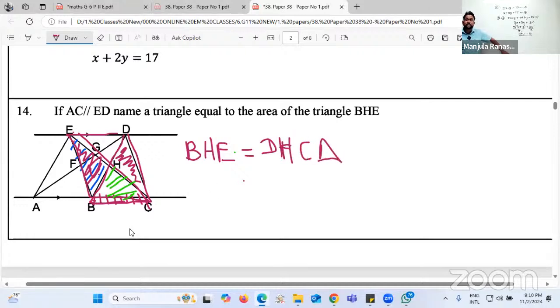So the argument is the bigger one, BCE equals BCD, same base and same parallel line. Then this green color is the common part. If you subtract that common region, then the balanced triangles are equal. So that's the logic. Okay, fine.